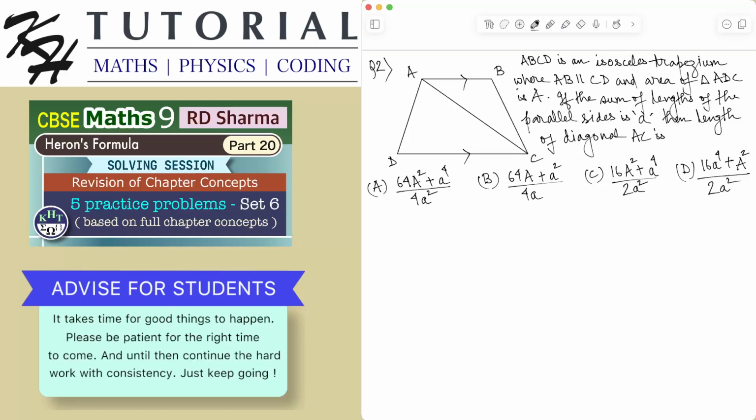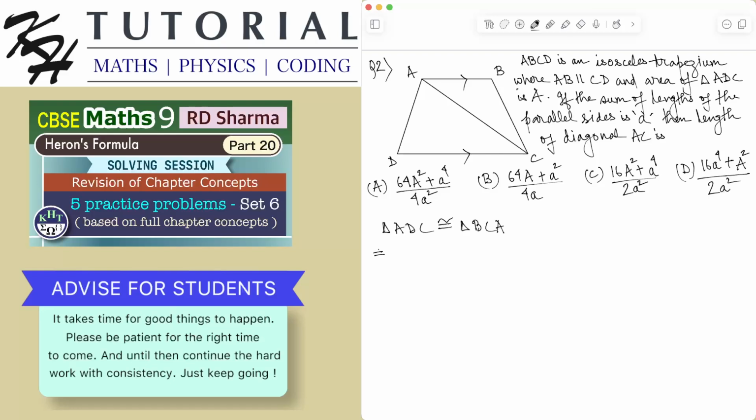Since this is an isosceles trapezium, please note that triangle ADC will be congruent to triangle BCA.